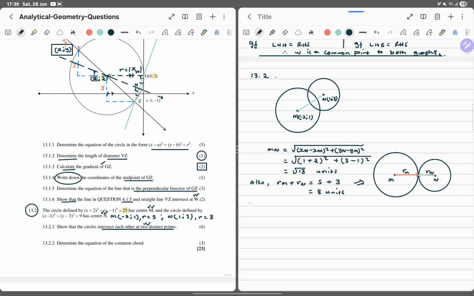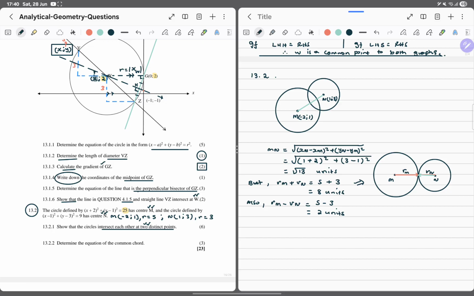However, we also want to know that the radius Rm minus the radius Rn is going to be equal to 5 minus 3, which is equal to 2 units.